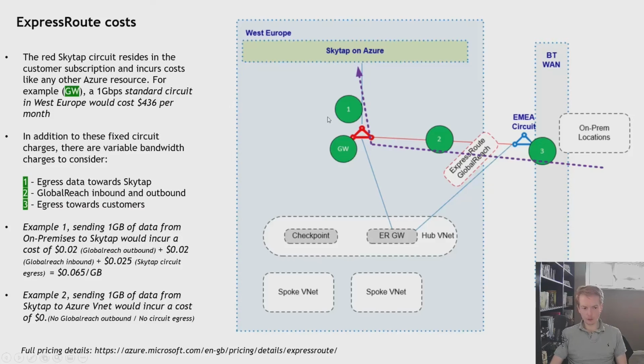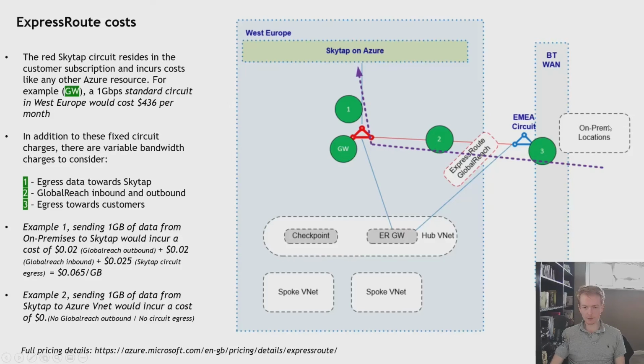Just the same on this red circuit, if they pull data out of the circuit, they will get charged for it. What's the implication of that? If they send traffic from the VNet, and it goes into Skytap, that red circuit will incur the charge on a per gigabyte basis.